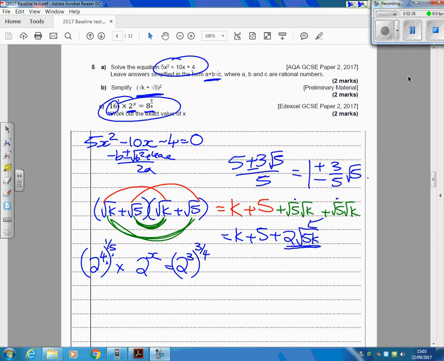Now, multiplying these indices powers here gives us 2 to the 4/5 times 2 to the x equals 2 to the 9/4. So now everything's got a power of 2, and that means that 4/5 plus x is equal to 9/4. X is equal to 9/4, take away 4/5. Now, if you can work the fractions, brilliant, work with the fractions.